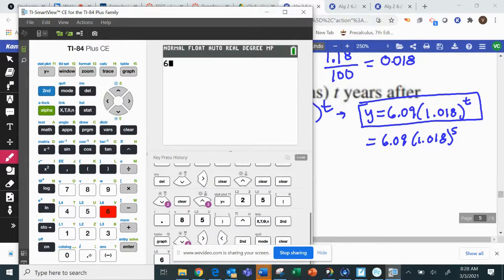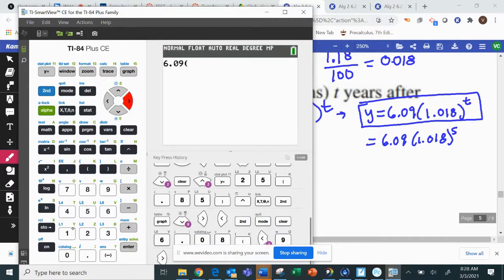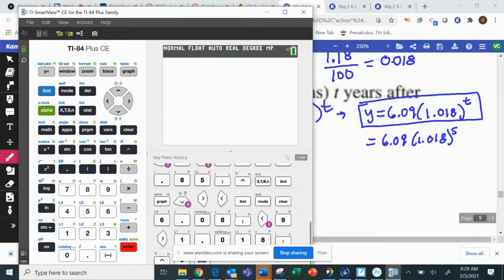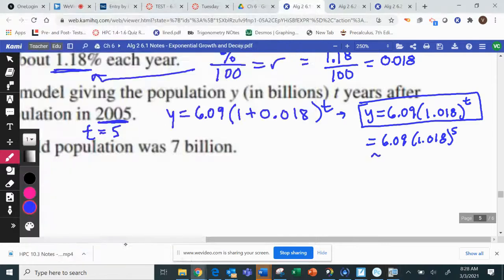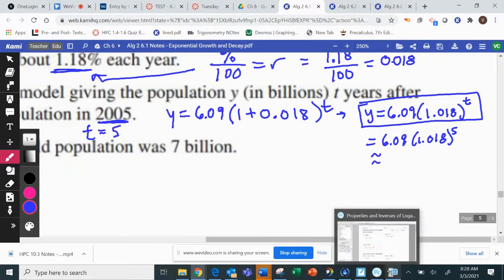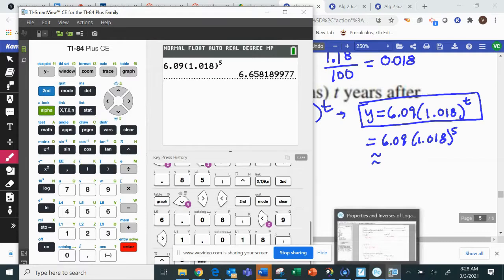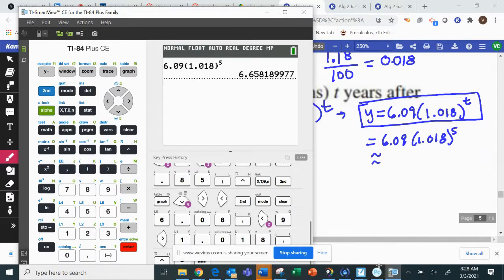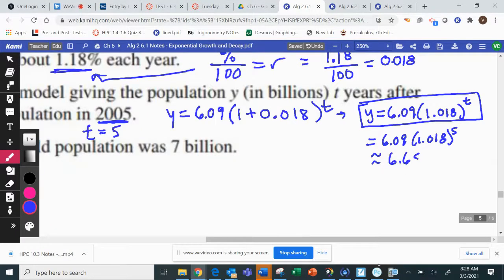So I'm going to do 6.09, parenthesis, oops, why did I do 8? 9. 1.018 to the 5. And approximately 6.658. That's what I'm going to go with. 6.658 billion.